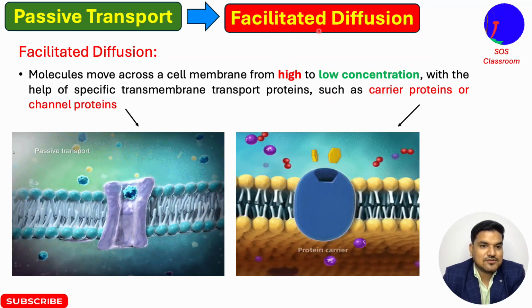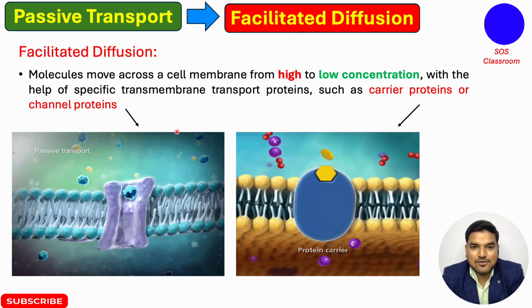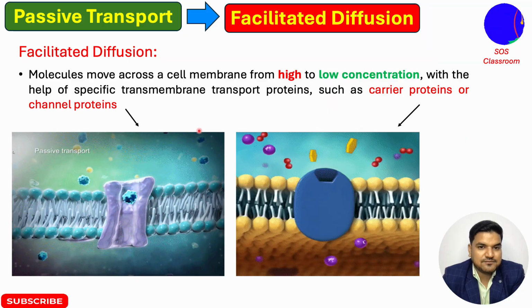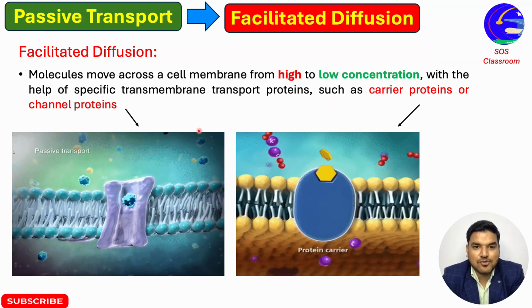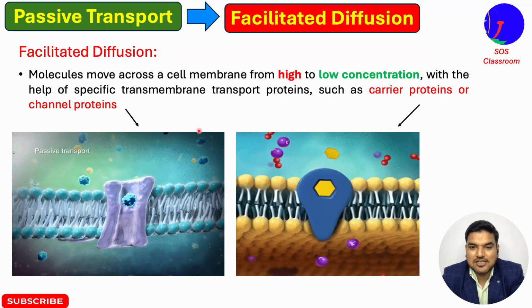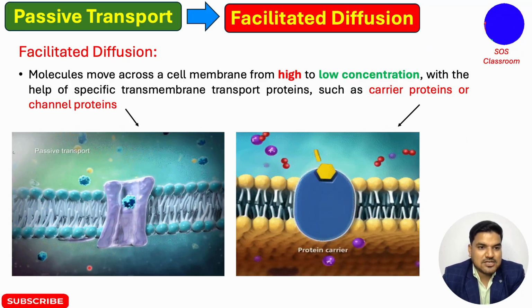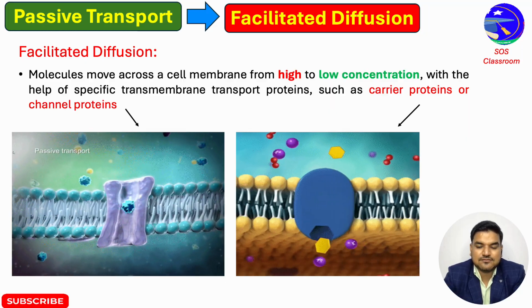In facilitated diffusion, molecules move across the cell membrane from the higher concentration to the lower concentration with the help of a specific transport protein, called the carrier protein and channel protein. This one is the channel protein and this is the carrier protein. So this is called facilitated diffusion.